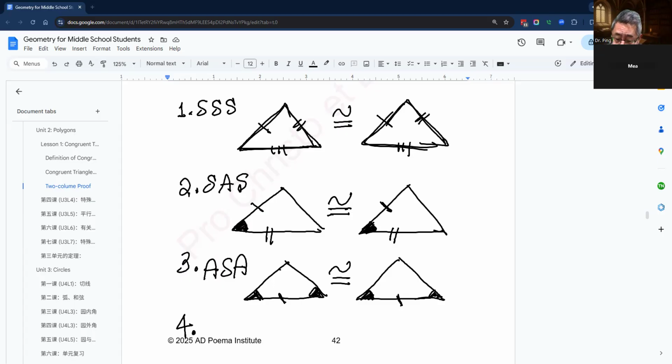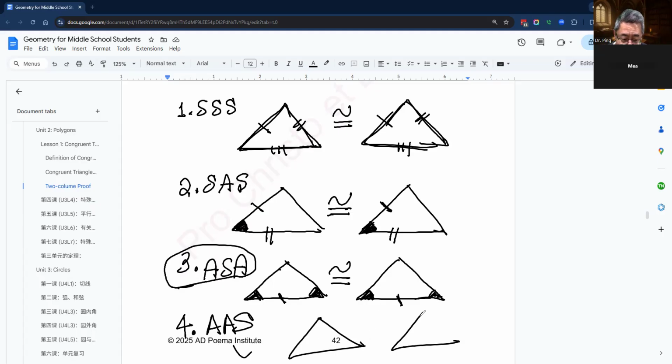So the fourth one is a special case, basically based on the third, angle, side, angle, which is angle, angle, side. So if you have two triangles, if this angle is congruent to this angle, and this angle is congruent to that angle, then the other side really doesn't matter.